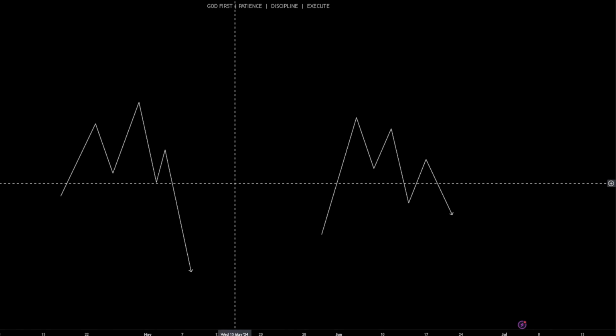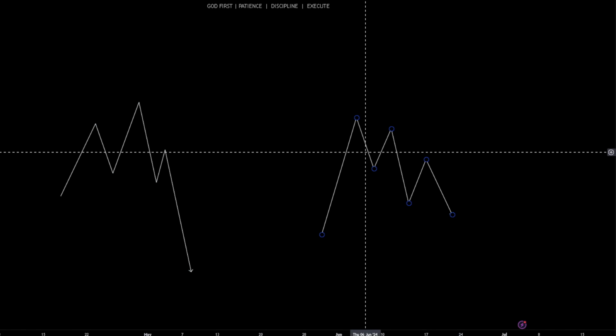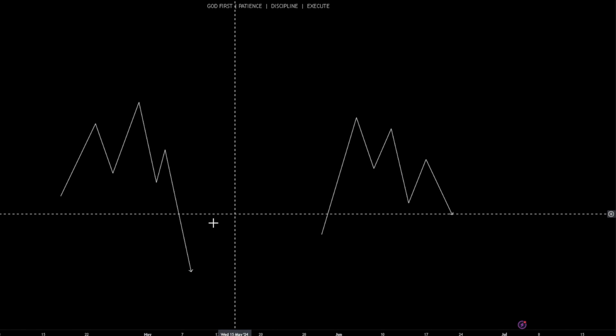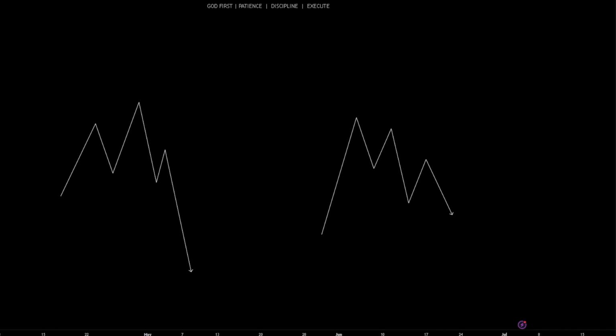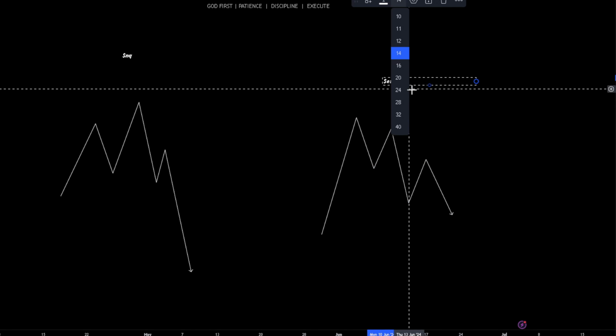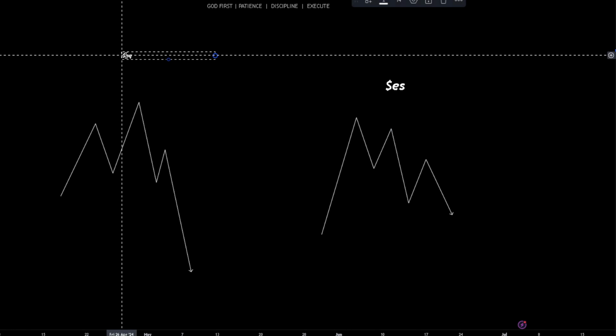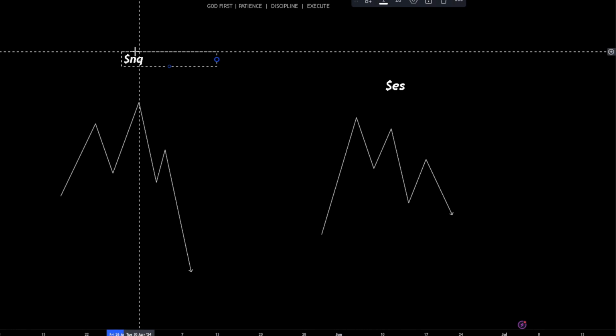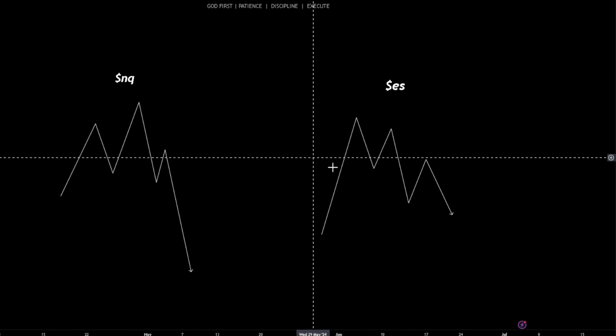So what is SMT? SMT is a divergence between two correlated pairs. So right here, you can see these two charts, and let's say this is NQ, and this one is ES. Okay, so what is the difference here?